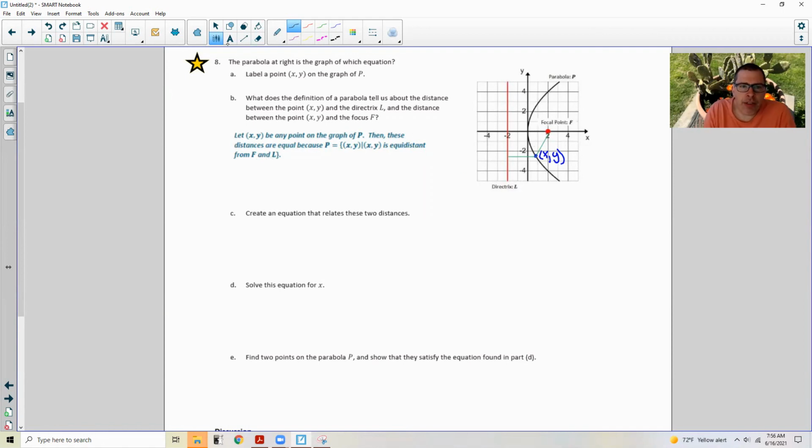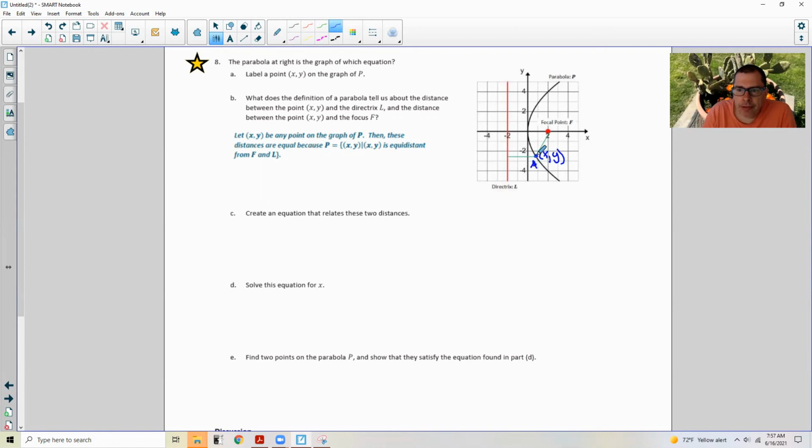Okay, so part C just explains why we can do this. So the steps really begin right here. Create an equation that relates these two distances and solve this equation for X. All right, so the first thing we do, if this is the point A, I'll put an A right here.